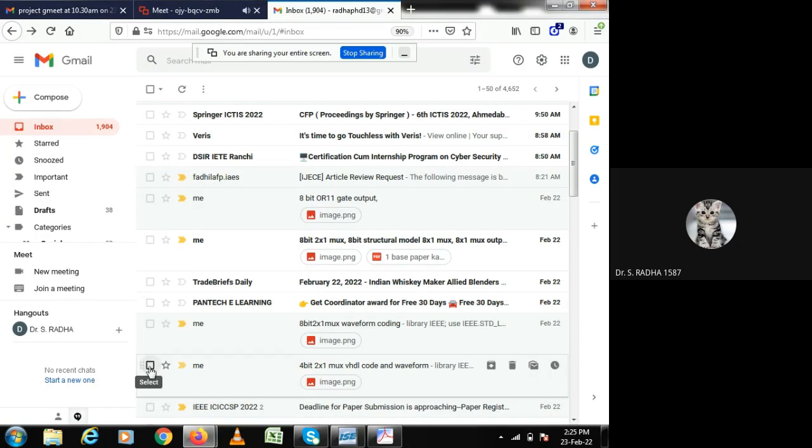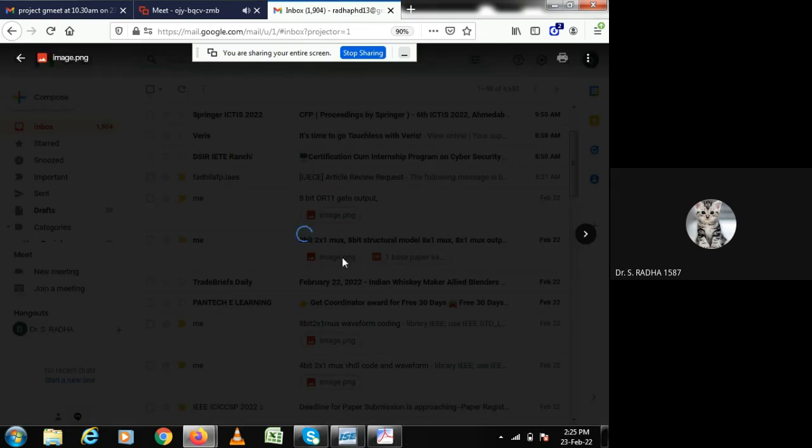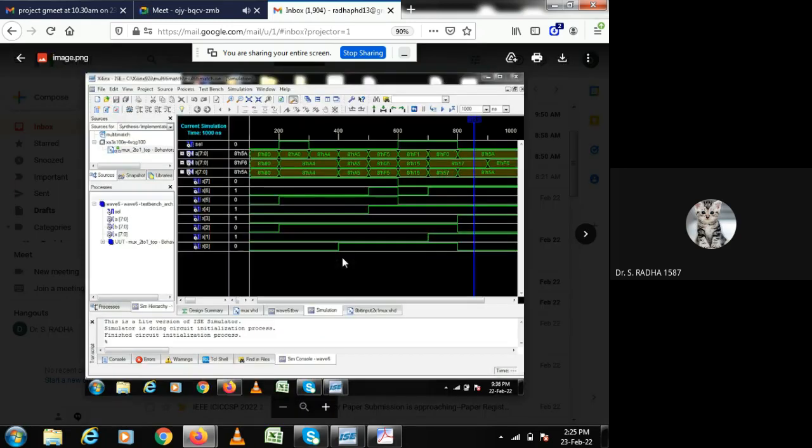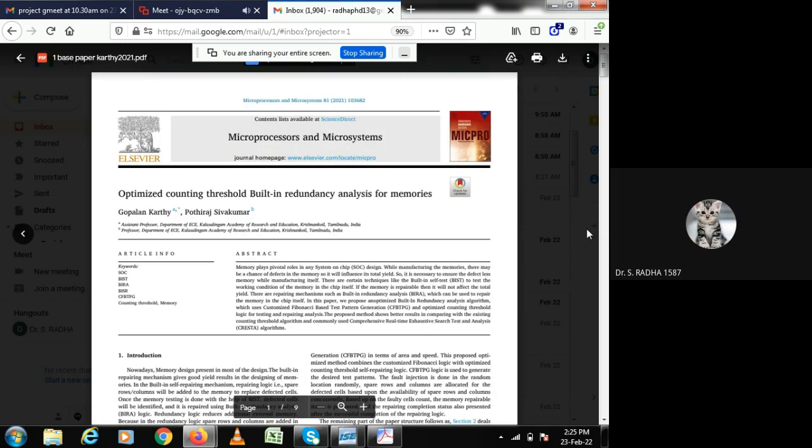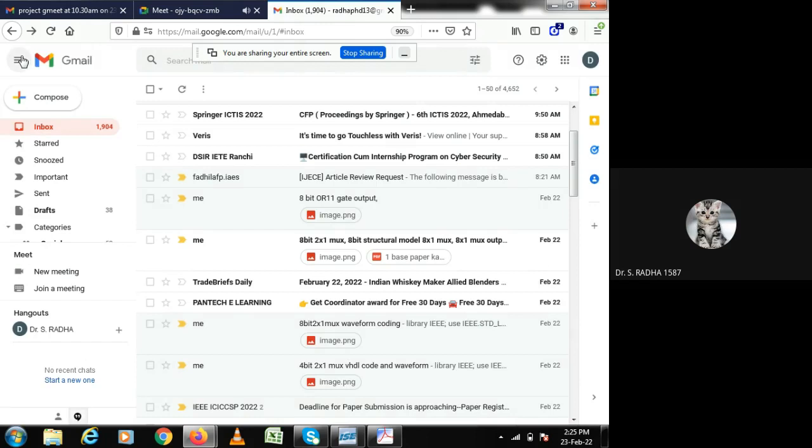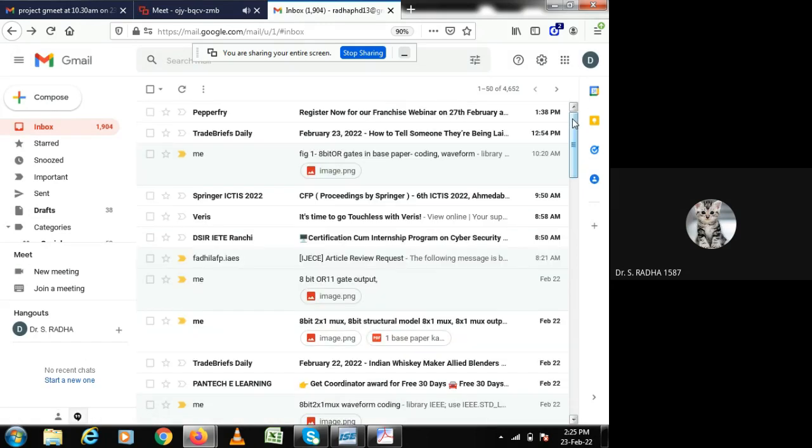The coding I also have. This is the 8-bit structural model, the 2 by 1 mux, the 8-bit 2 by 1 mux.